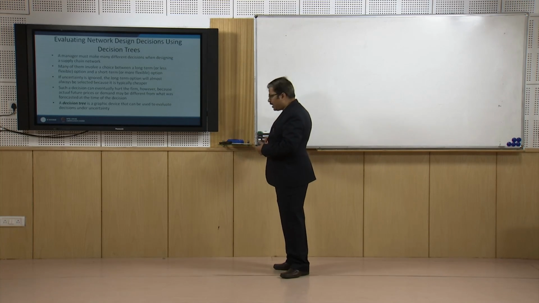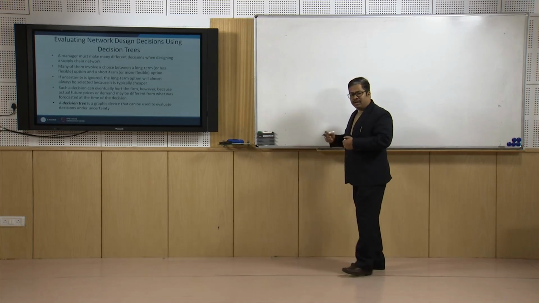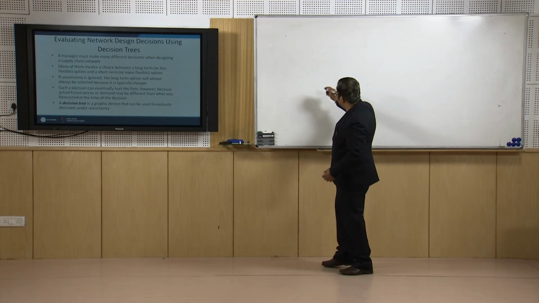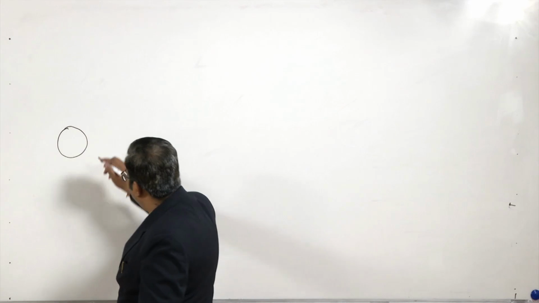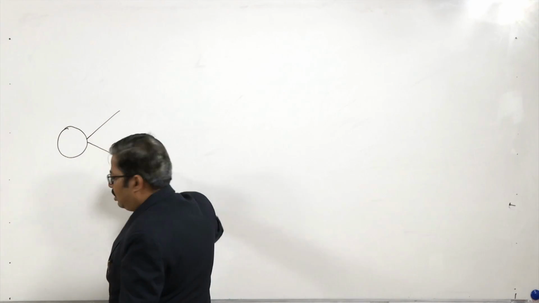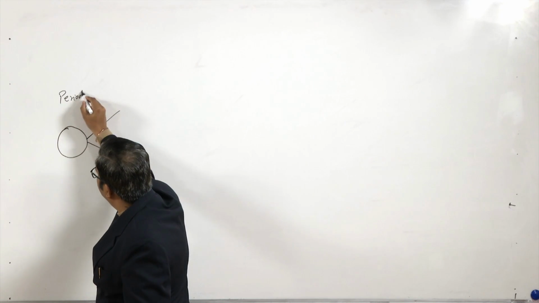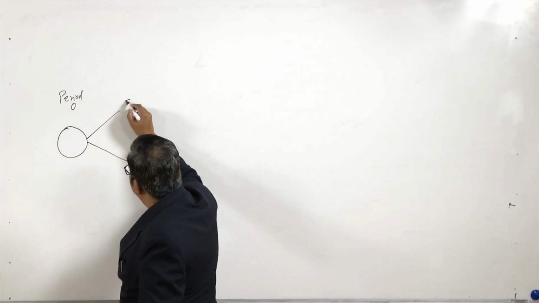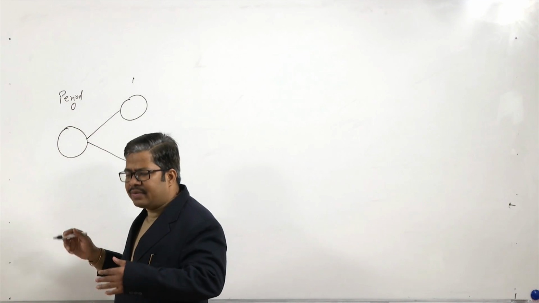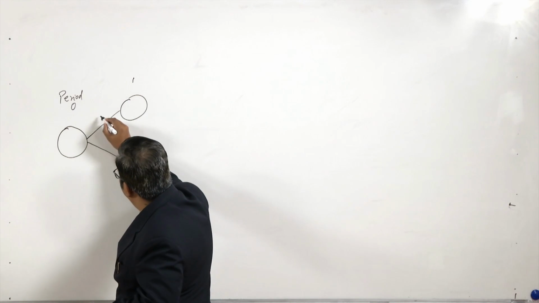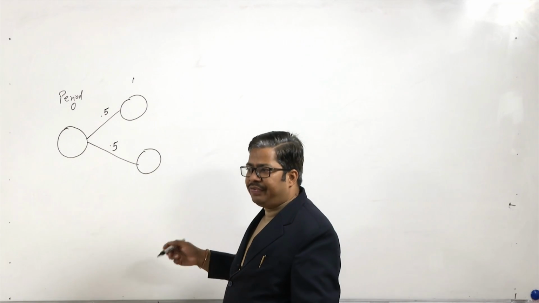Before I go to a specific example, let me give you the idea of a decision tree, how it all evolves. This is a condition at state 0, in period 0. In period 1 you have two possibilities. For the sake of simplicity, we have the same probability for both these states. Then we can go further.